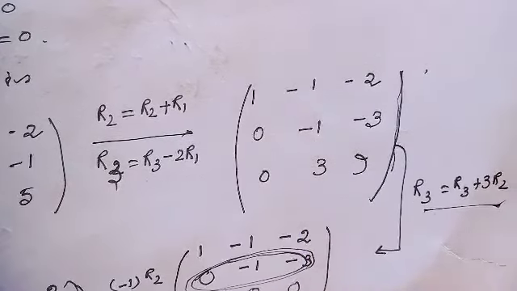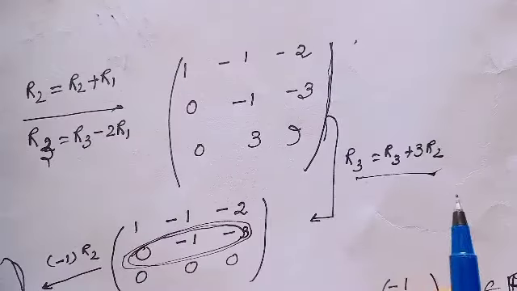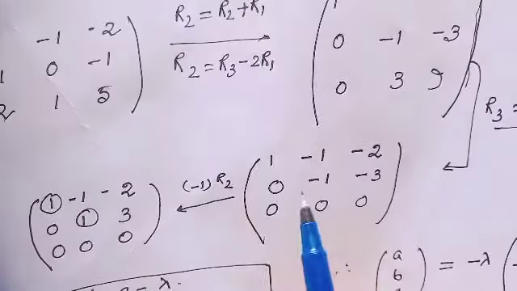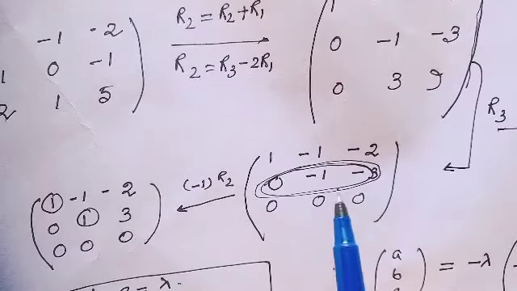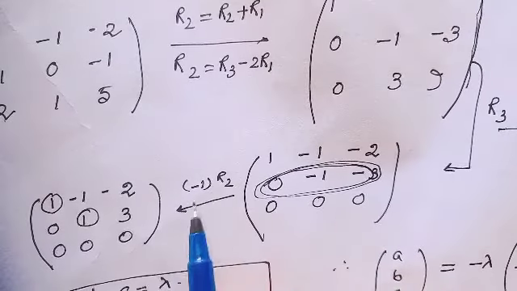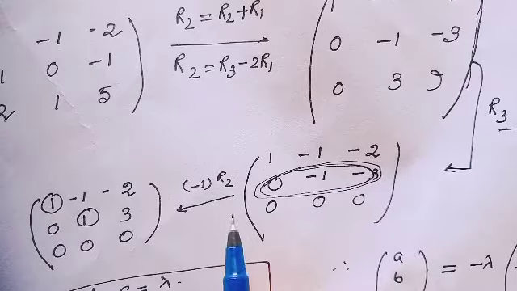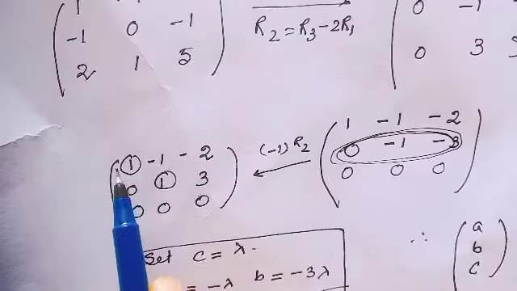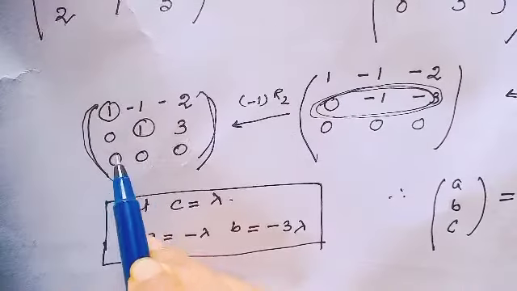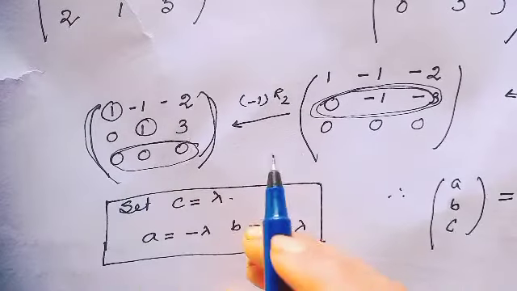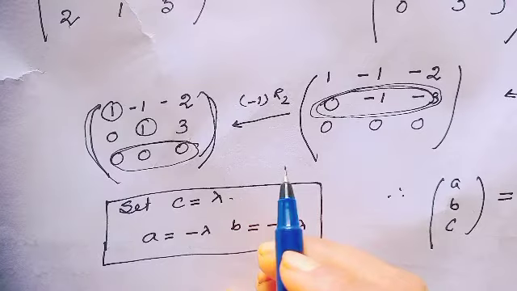Then R3 is replaced by R3 plus 3R2. Since the equation has only a minus sign, just omit the minus 1. Then our row equivalent form is this. This part is the zero vector, so this is a linearly dependent solution.